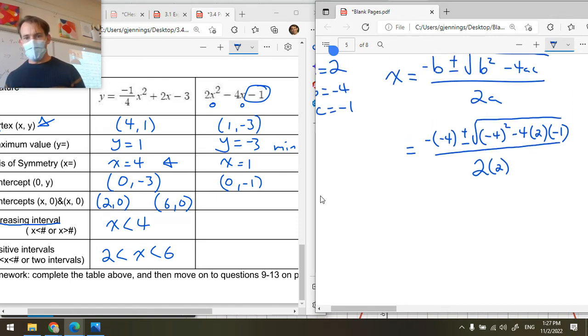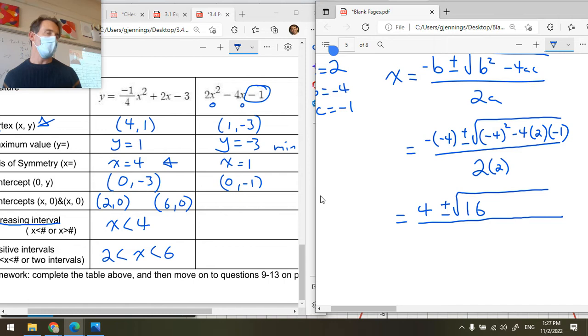So negative negative 4, as I said, is just positive 4. It just flips the sign again, back to positive. Plus or minus the square root of negative 4 squared, which is positive 16. Negative 4 times negative 4, a negative times a negative makes a positive. 4 times 4 is 16. So there we go. And your calculator will tell you the same thing.